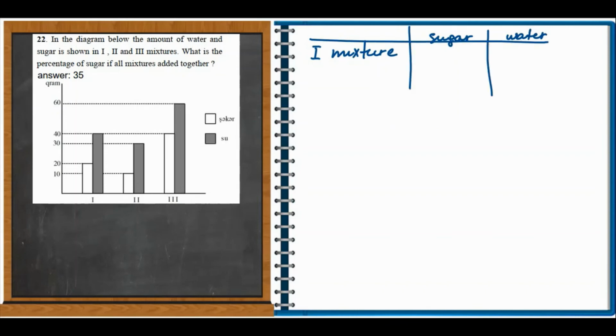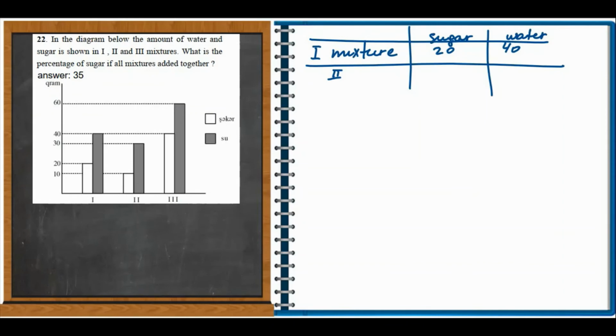The white part is sugar, it's 20, and the brown part is 40. That's water.